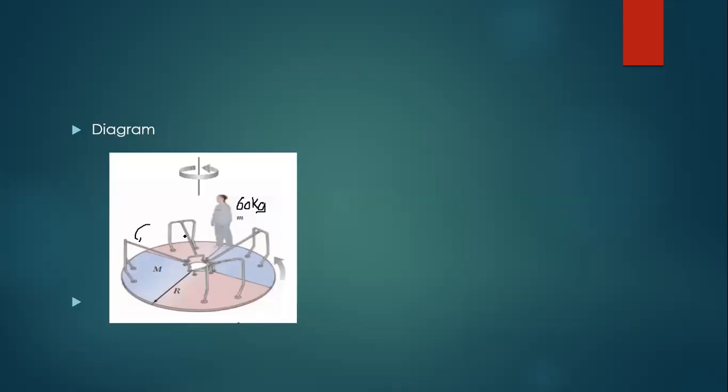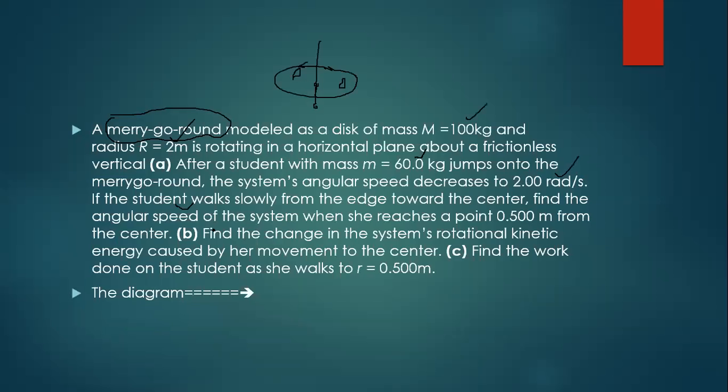So what is happening is this student now starts walking towards the center, and reaches a point with a radius of 0.5 meters. So what are they asking for? They are saying, find the angular speed of the system when she reaches that point, 0.5 meters from the center.